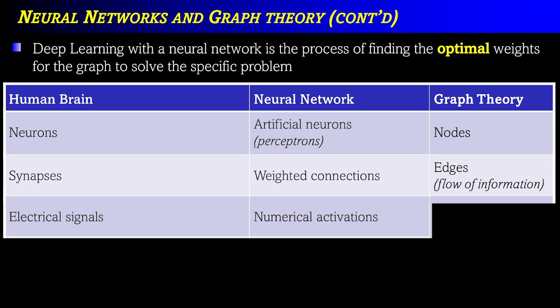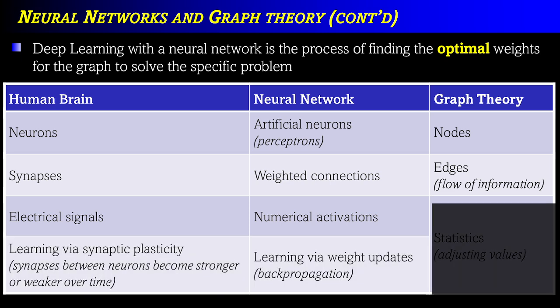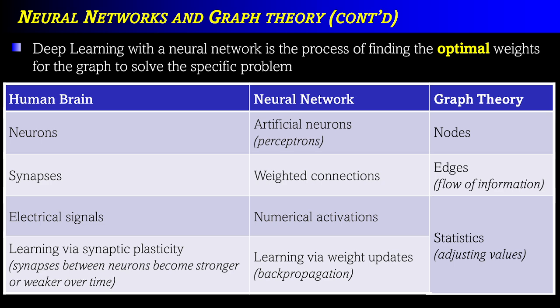In the human brain, our synapses and neurons give slight electrical signals, whereas in the neural network, we're talking about numerical values to activate neurons, artificial neurons or perceptrons. The human brain learns through synaptic plasticity, where the synapses between neurons become stronger or weaker over time. That's biological learning.